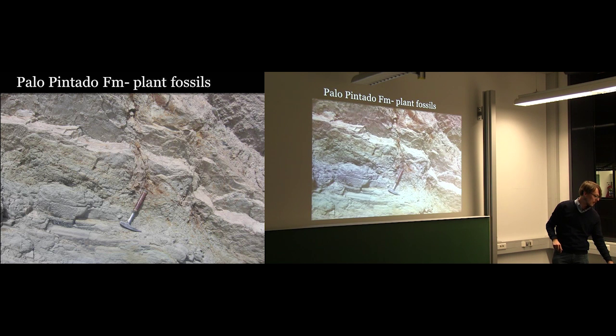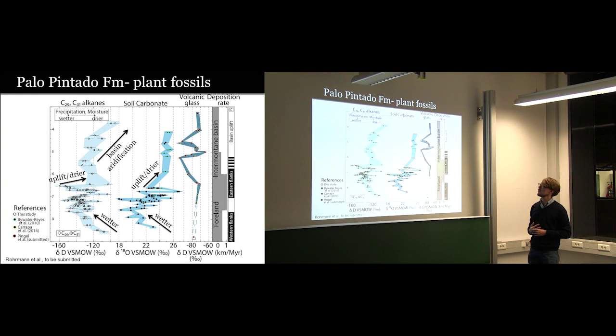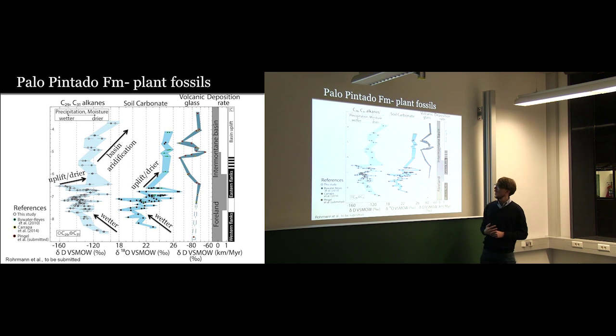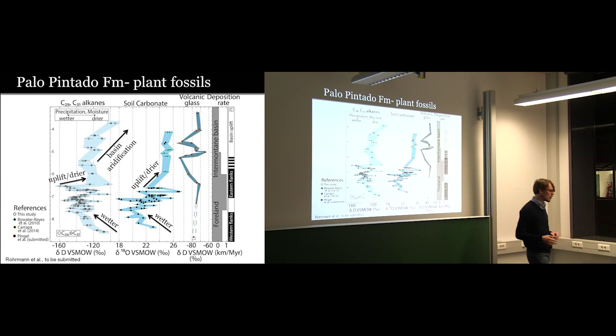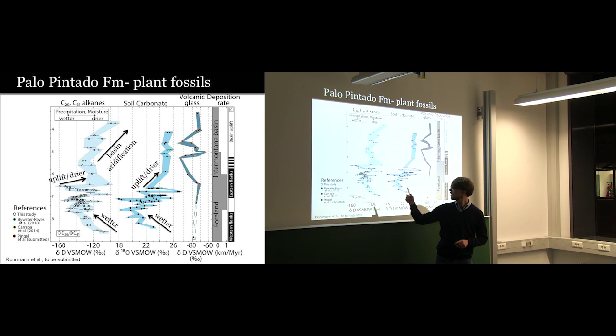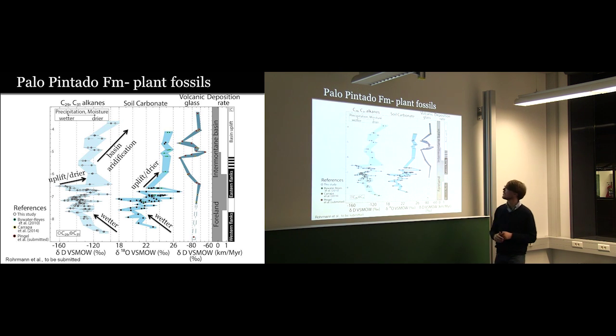Okay, so next I will show you the soil carbonate and the biomarker results in the section, and also the volcanic glass that we derived out of the Angostura Basin. Just to clarify, this is delta D on the x-axis, and this is time, 9 million years all the way up to 3 million years.